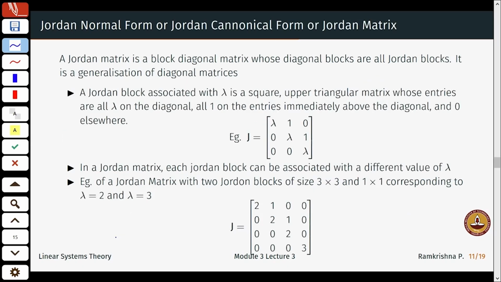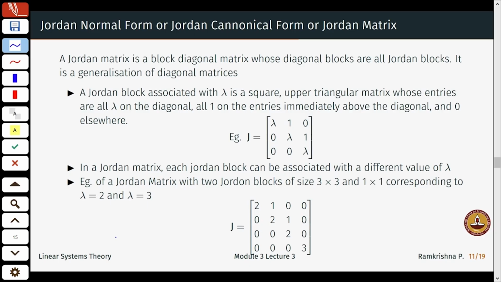Okay. So, one thing that we can answer now, which we started with: what if I cannot find n independent eigenvectors, can I actually diagonalize?